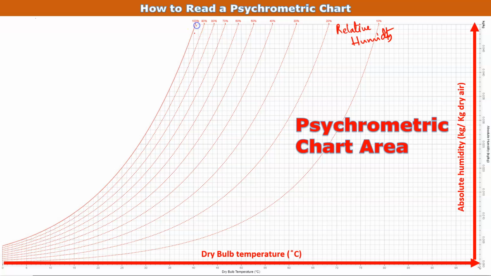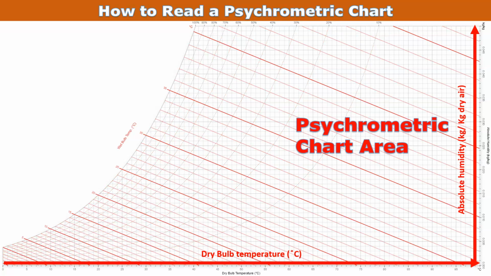This solid line is 100% relative humidity. That is called the saturated curve or saturation curve. So this curve is the relative humidity and this represents the saturation curve.